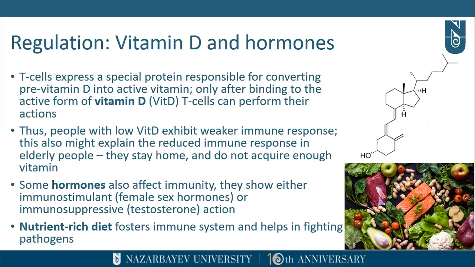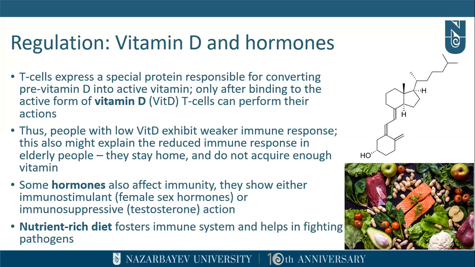The role of vitamin D is emphasized here, as well as hormones. T cells really need this vitamin D. So on a daily basis, you need to go for a walk or take vitamin D supplements, because it stimulates the T cells to perform their actions.